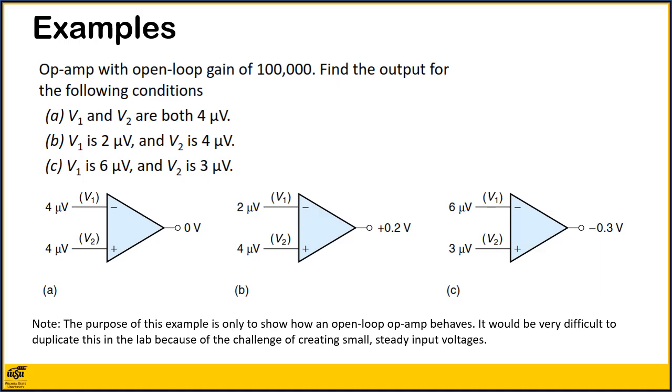And C. V1 is 6 microvolts and V2 is 3 microvolts. Note the purpose of this example is only to show you how the open-loop op-amps behave. It would be very difficult to duplicate this in the lab because of the challenges of creating small, steady input voltages. It is not common for op-amps to be used in the open-loop mode, for reasons that will become clear.